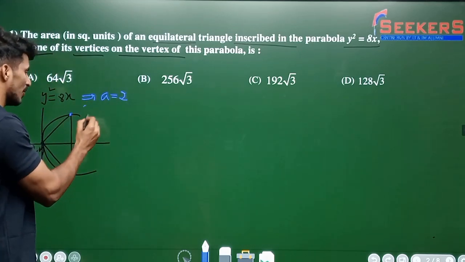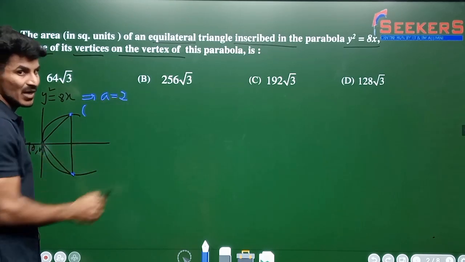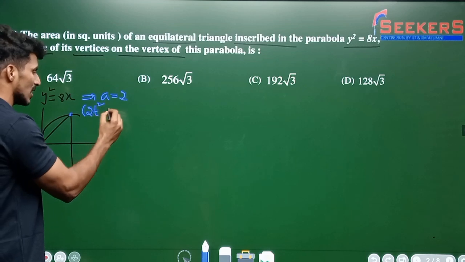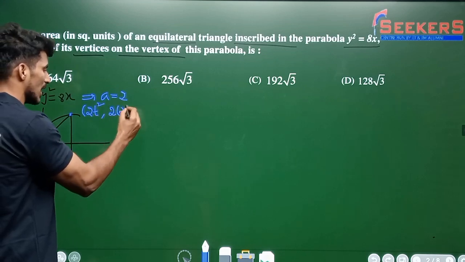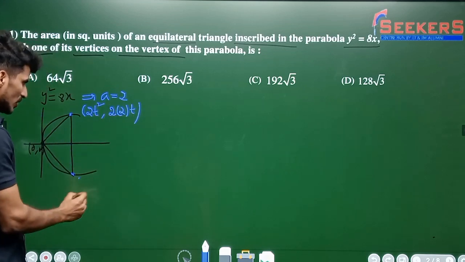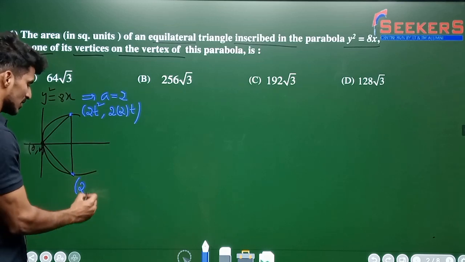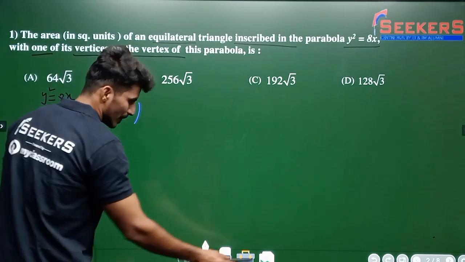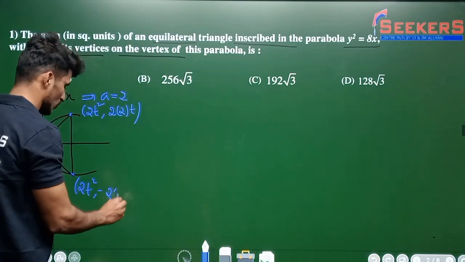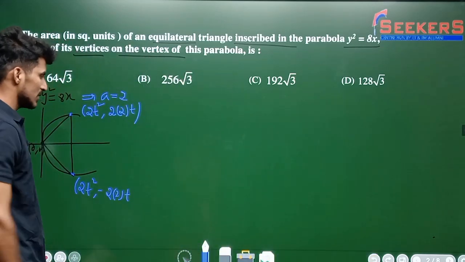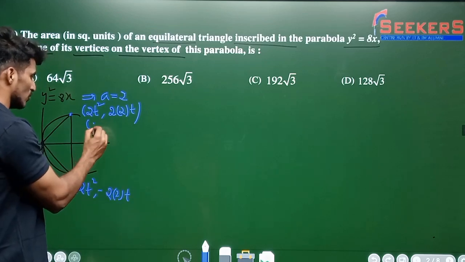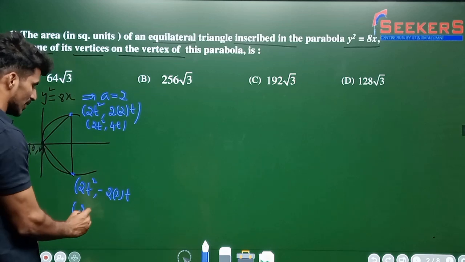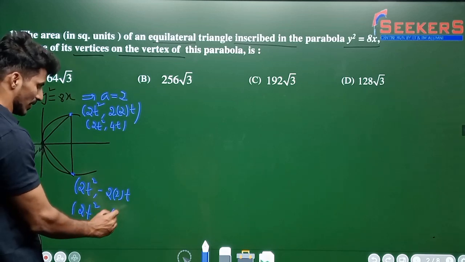So I could assume the parametric coordinates as at square comma 2at, which means 2t square comma 2at, and at square comma minus 2at. So simply can I write this as 2t square comma 4t, and this is going to be 2t square comma minus 4t.